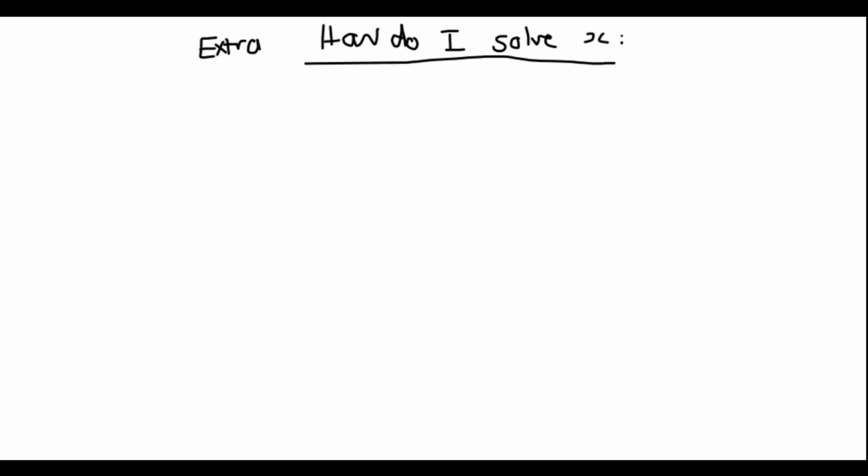Now you might be wondering, this is just a little extra by the way, how do I solve x? In this case, you need to use all the theorems that you learned in grade 8 and 9. Remember that you have angles on a straight line. Two angles, when you add them together, should give you 180 degrees.